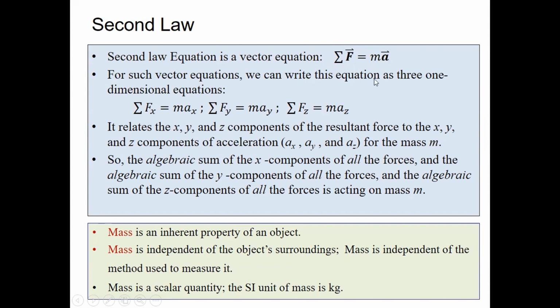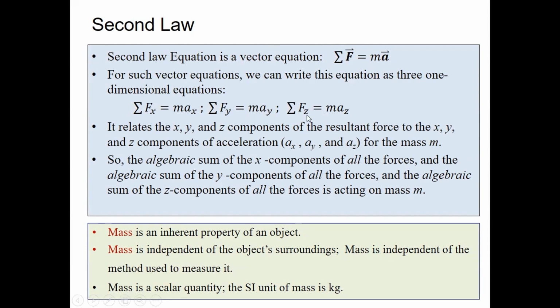For such a vector equation, we can write three one-dimensional equations. The first is the sum of all components of the force along the x direction, which is equal to mass times the acceleration along the x direction. The sum of all forces along the y direction is equal to the mass times the acceleration along the y direction.